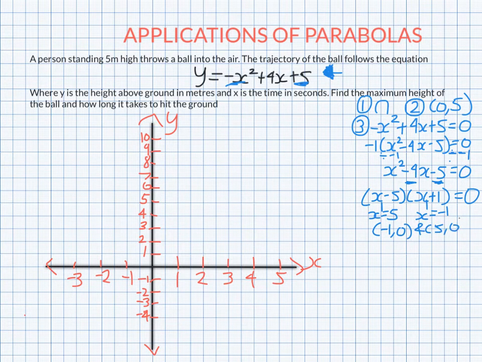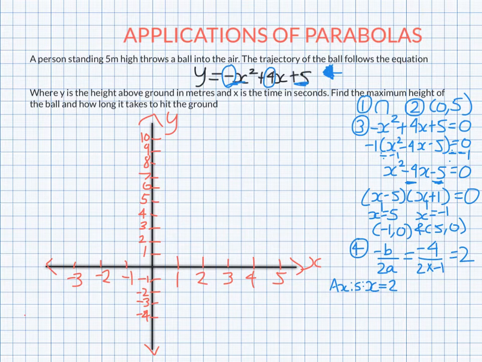So the last thing we need to find is the turning point and axis of symmetry. So we use the formula minus b over 2a. Here b is 4, a is -1. So minus b over 2 times a gives us +2. That means that the axis of symmetry will be the vertical line x equals 2, and the x coordinate of the turning point is 2.